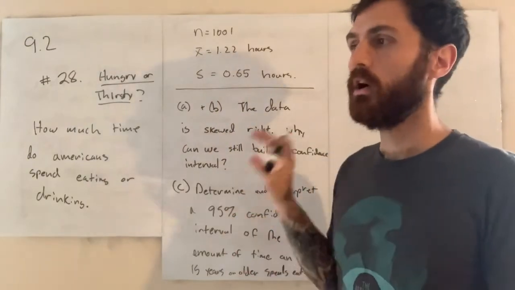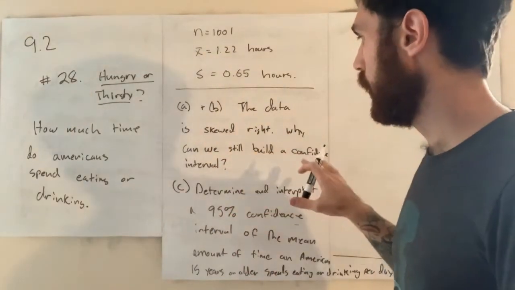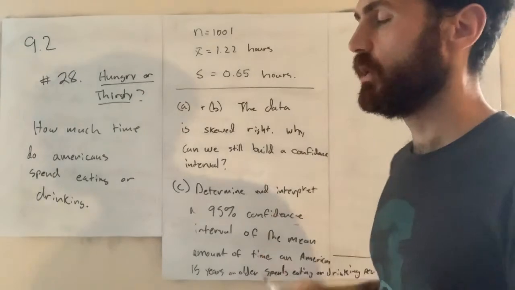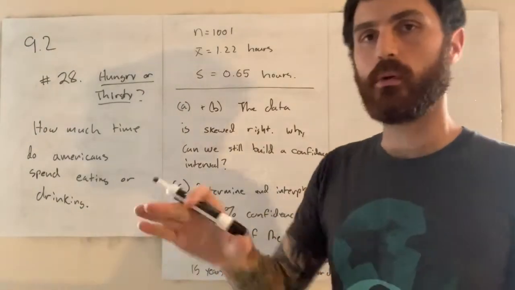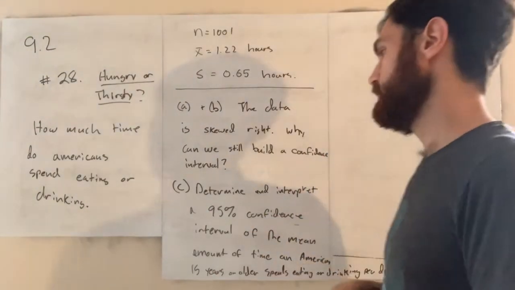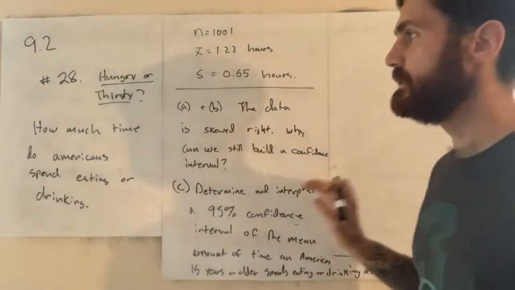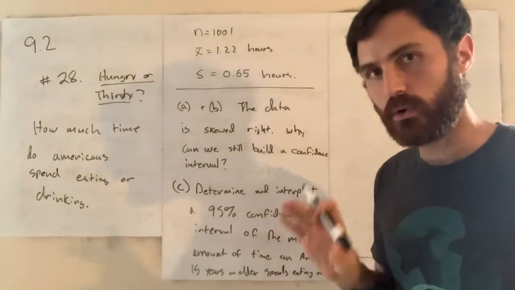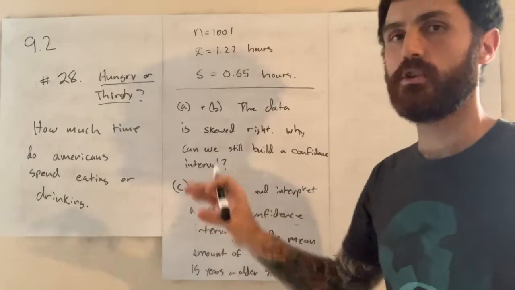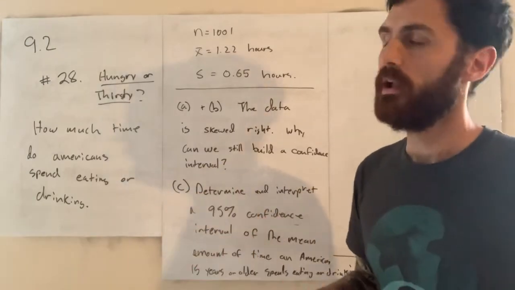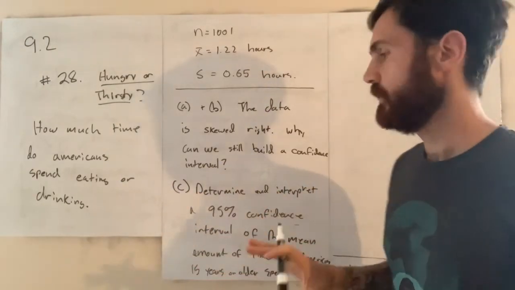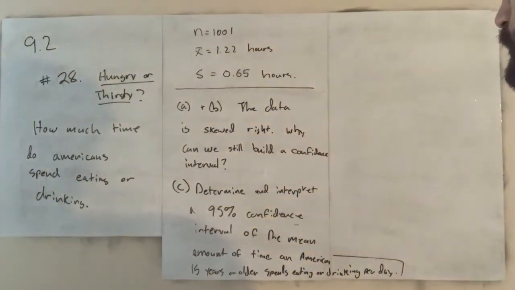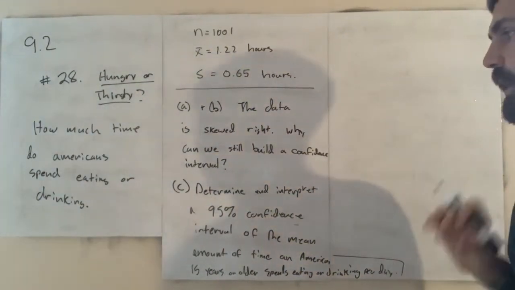So remember, confidence intervals are built on this assumption that we have this normal distribution. And yes, t distributions aren't exactly normal, but they're close to normal and they approximate the normal, and we can adjust for that. Okay, so C is where it really kicks in.